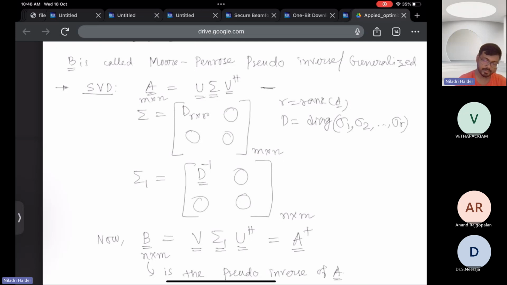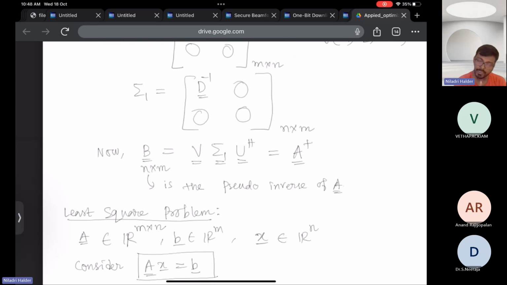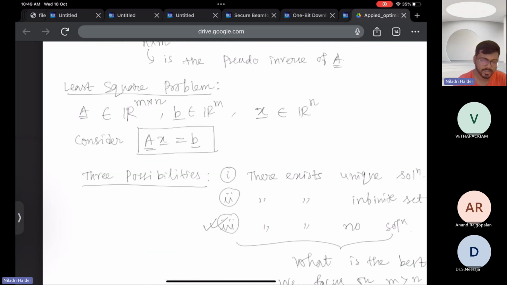Then we form another diagonal matrix sigma 1 that is equal to D inverse 0 0. And then B is equal to V sigma 1 U Hermitian, which is always the pseudo inverse of that matrix A. So for any matrix A, we need to know the singular value decomposition, then we can find the Moore-Penrose pseudo inverse. That is the process.